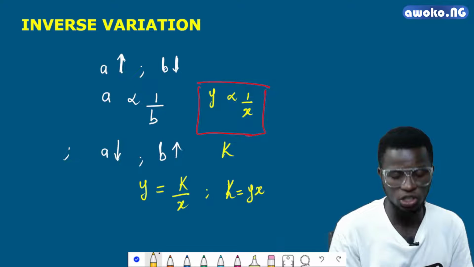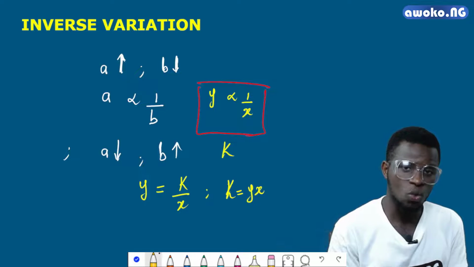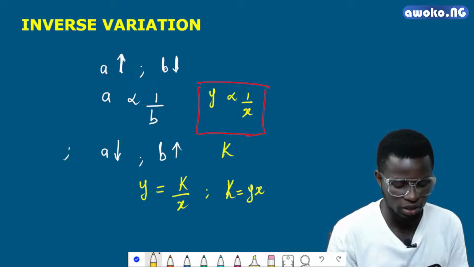So this equation is what we use to relate the first variable, Y, to the second variable, X.